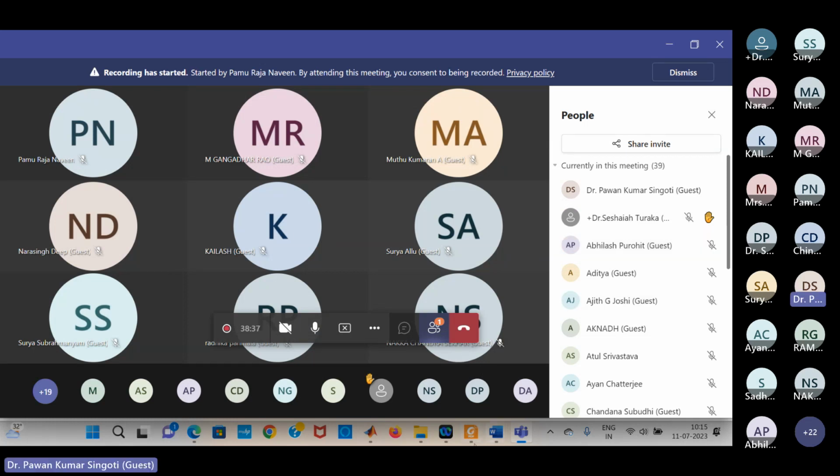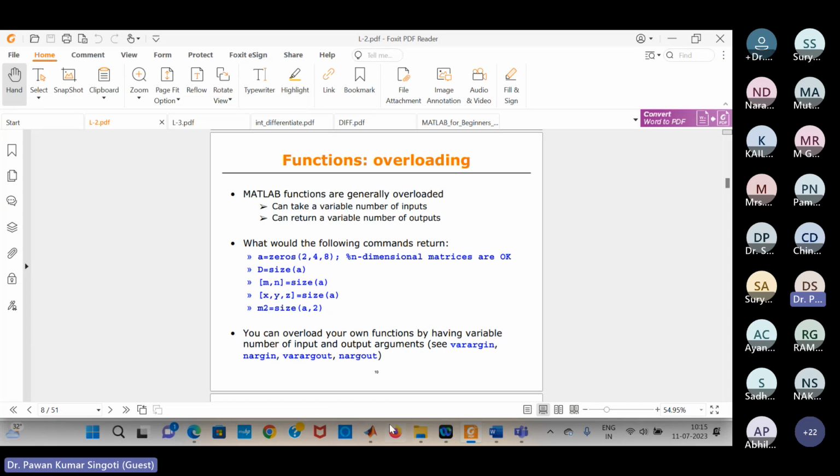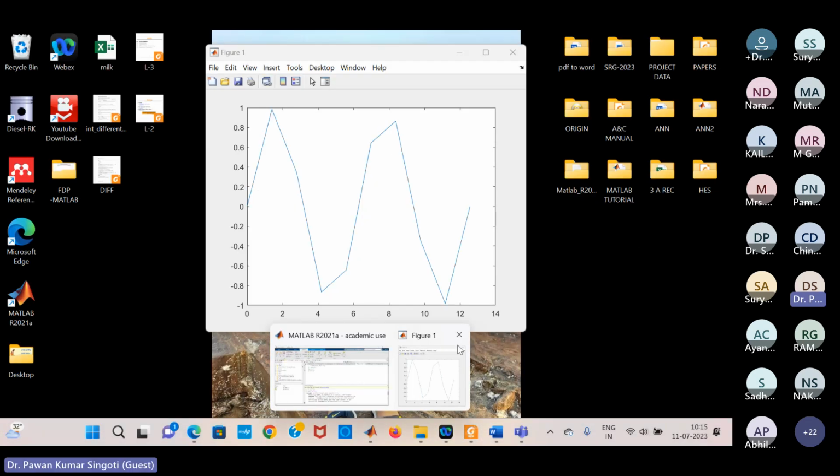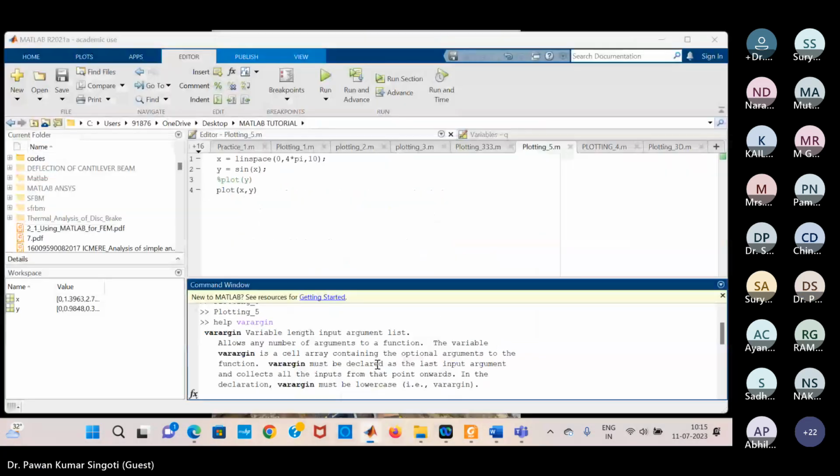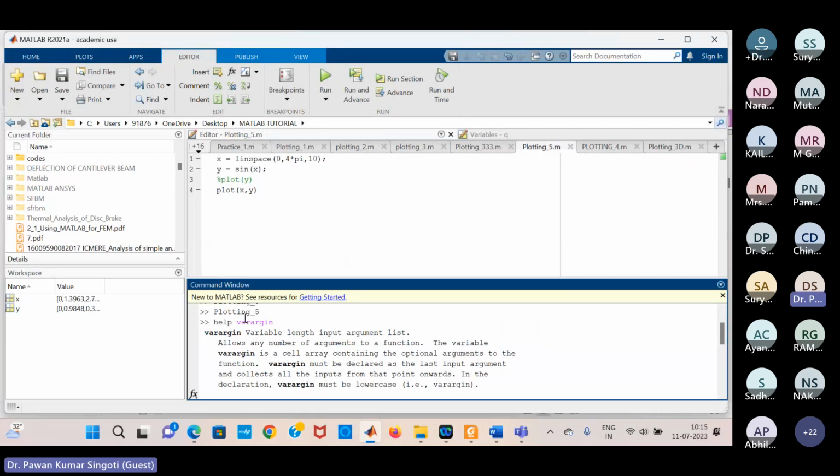So you can type help varargin. It will show you the details about this function. The input must be as it is available in the document, so this all must be in lowercase.